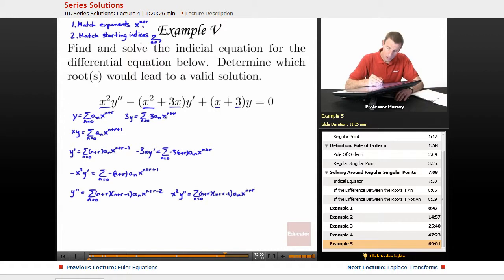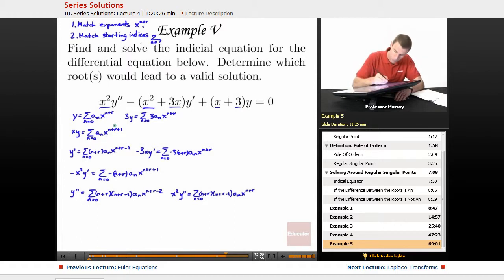When I look at all these different series, I've got x to the n plus r here. That looks pretty good. My xy has x to the n plus r plus 1. And so I'd like to lower that down to be x to the n plus r. Remember, the way you do that is you raise the starting index and correspondingly lower the n's in the formula.